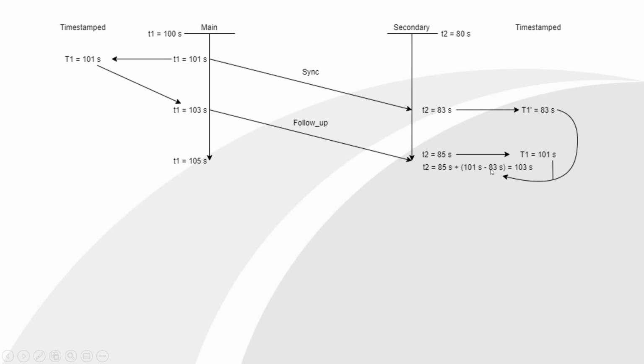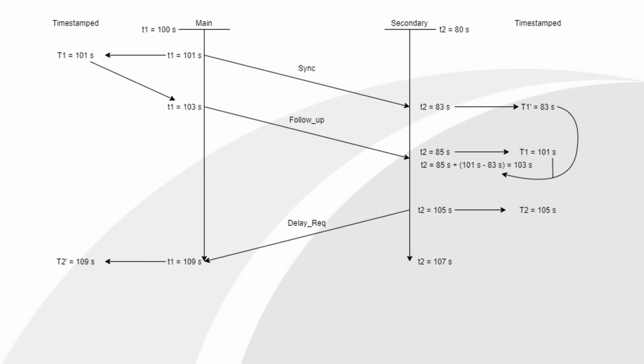So it can find the difference between these two, the difference between 101 seconds and 83 seconds, which is 18 seconds, and it can apply that offset to its own time, leading to 103 seconds. Now the only difference between the secondary clock and the main clock is 2 seconds, which is the transit time. So that's step 1 of the synchronization.